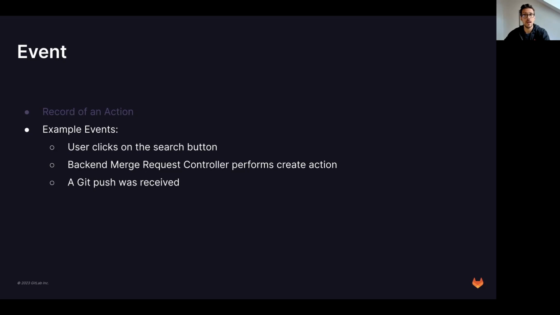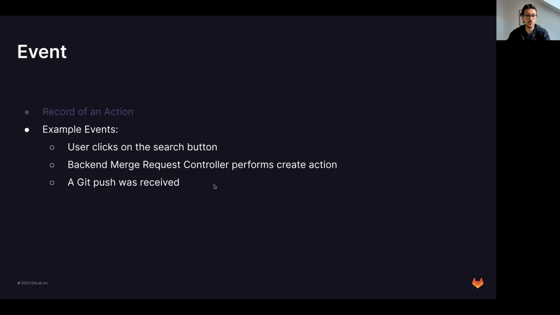And at its core, an event is just the record of this specific action happening at a specific point in time, not more than that. But in most cases, we want to attach additional context to the event to make it a bit more usable for later analysis.